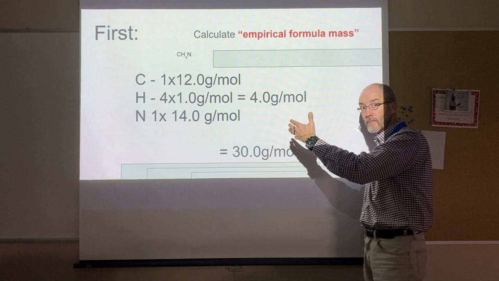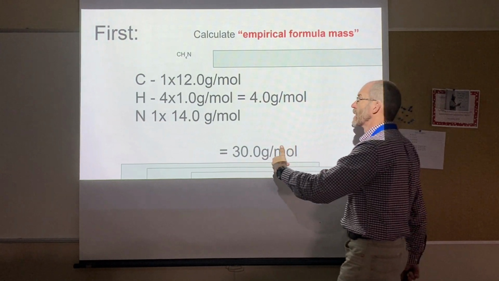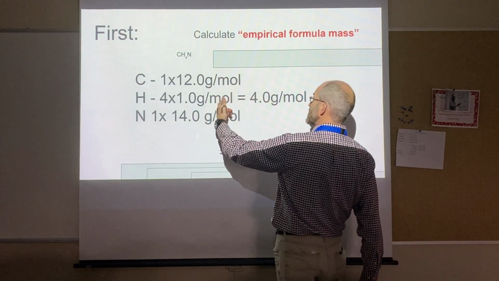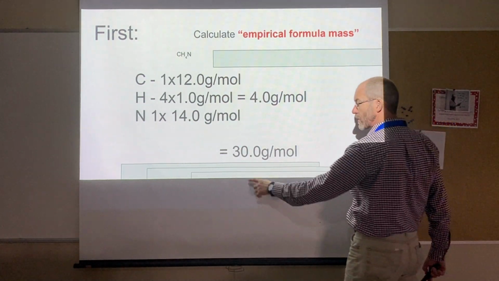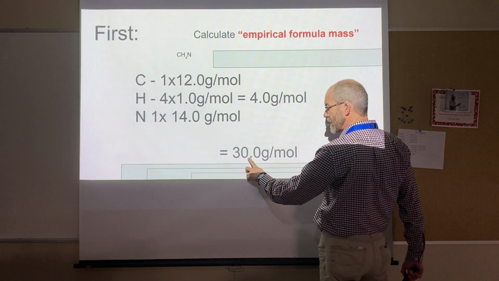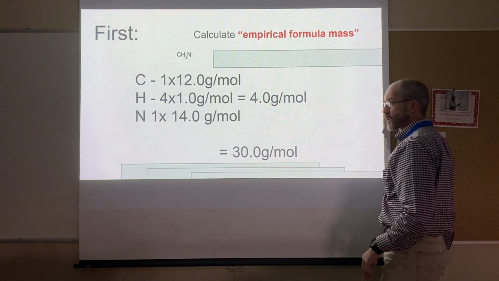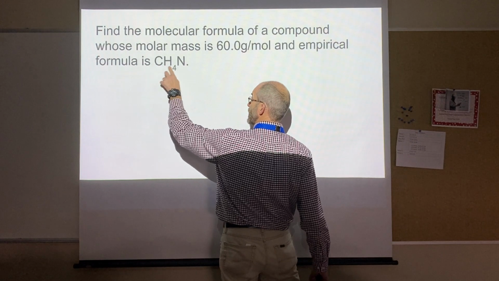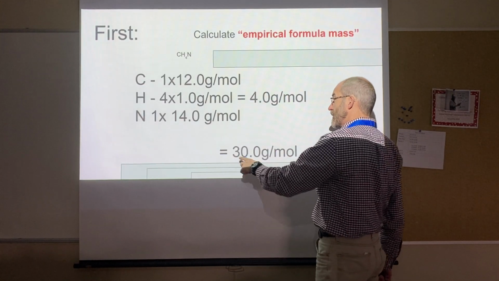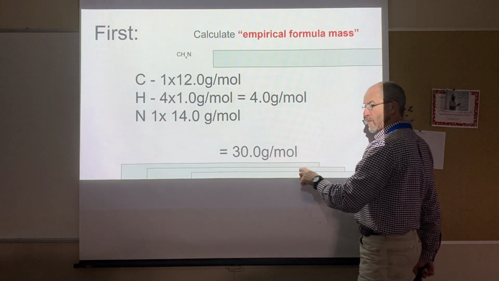It's simply molar mass. You're going to add these things together, and you'll find that your answer is 30 grams per mole. So the empirical formula mass is equal to 30.0 grams per mole.